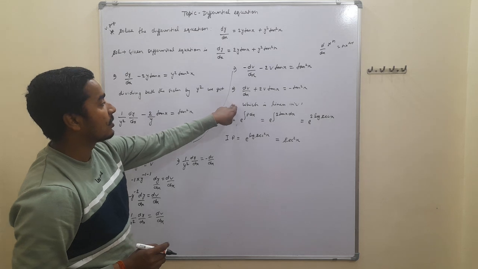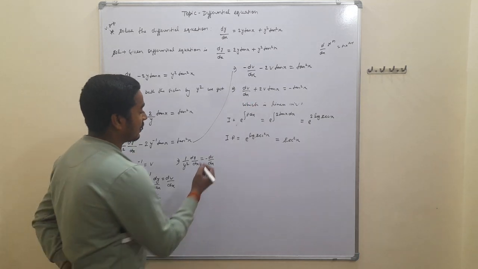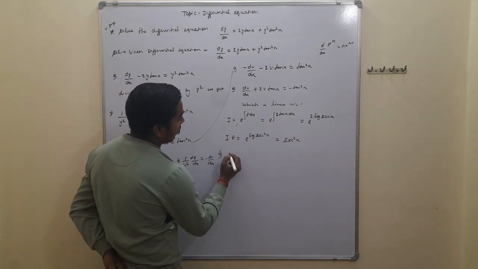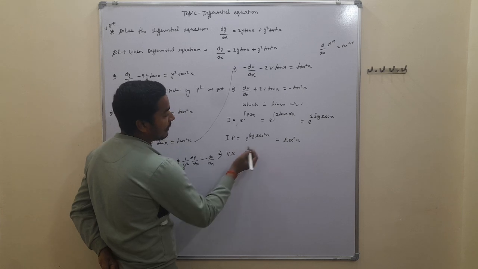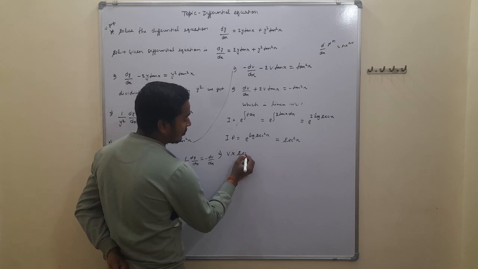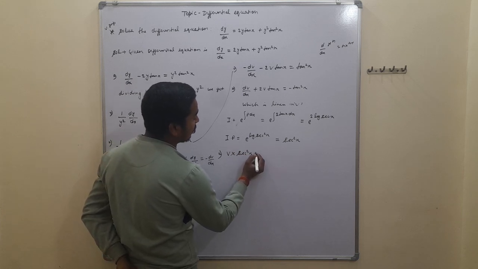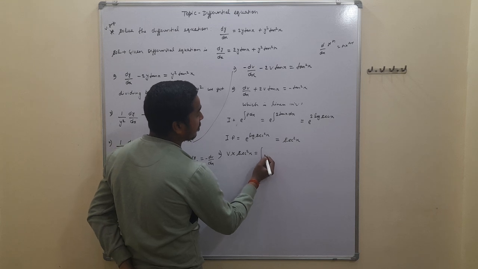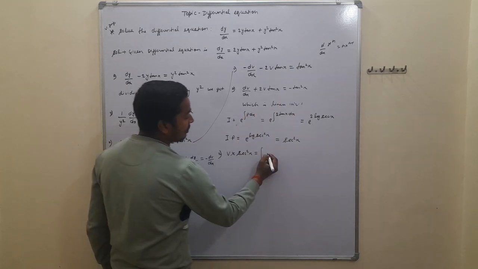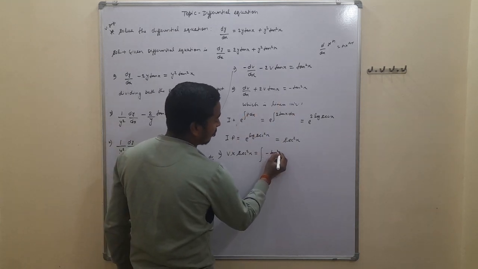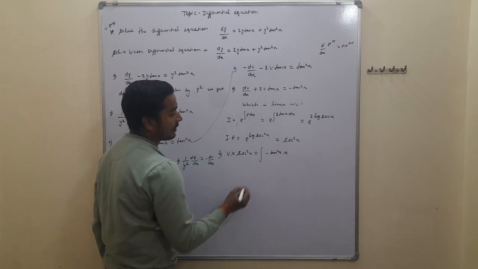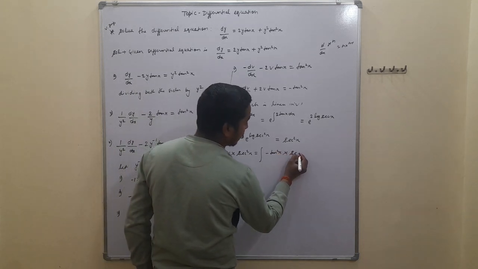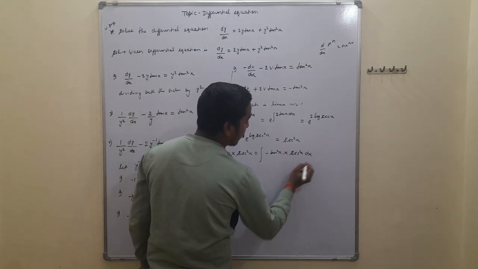The complete solution of the linear differential equation is v × sec² x = ∫q × integrating factor dx, where q is −tan² x, so v sec² x = ∫−tan² x sec² x dx.